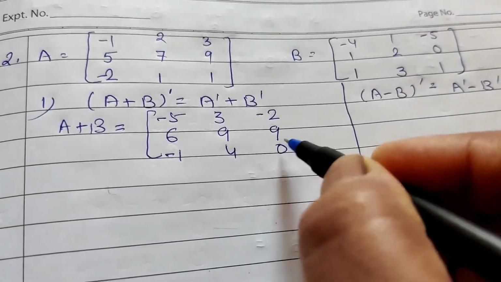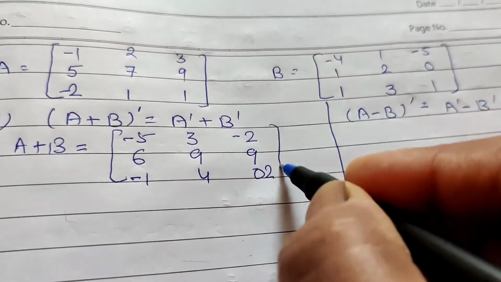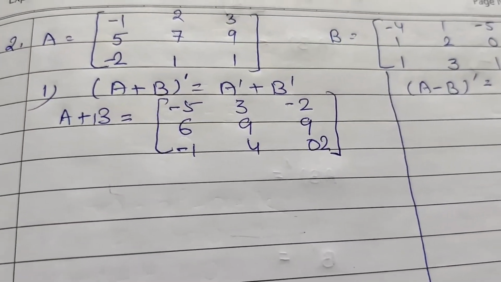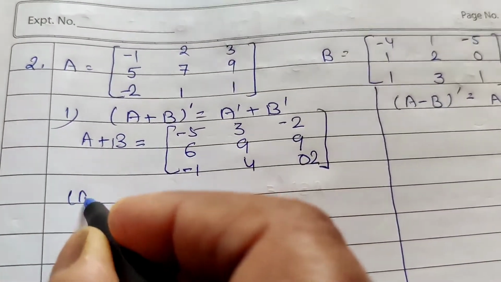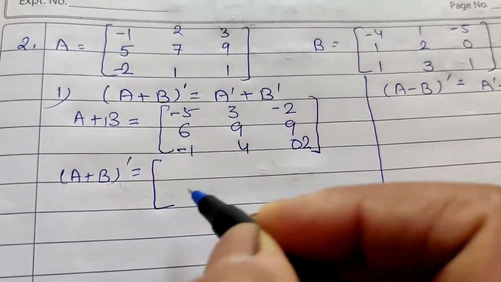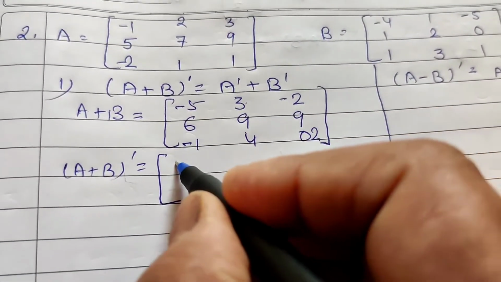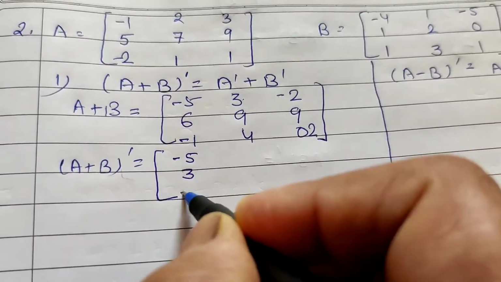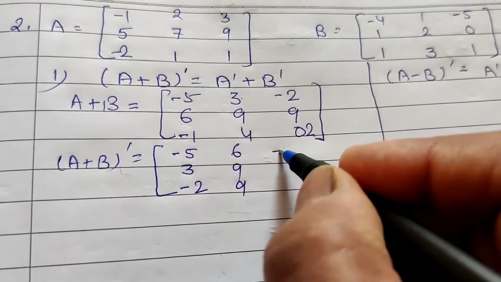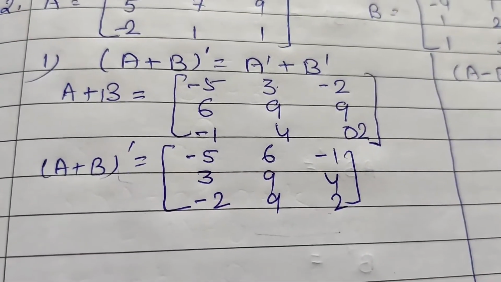And 1 and -1, 0. 1 and 1, 2. This is A plus B. Now the transpose of A plus B: convert the rows into columns. -5, 3, -2. 6, 9, 9. -1, 4, 2. This is the transpose of A plus B.